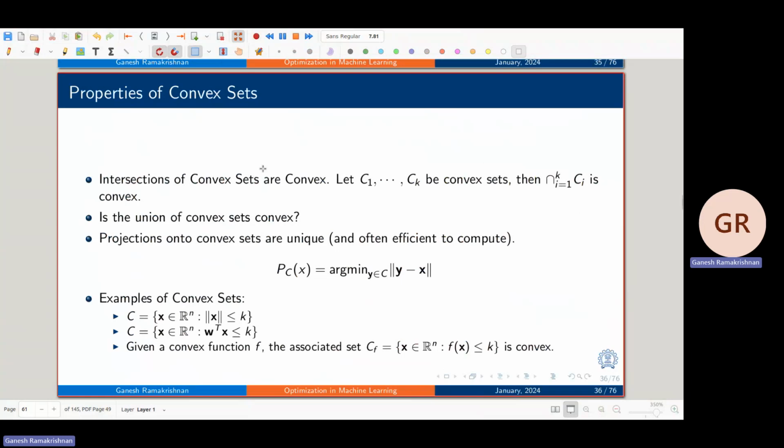Then projections. I talked about projections when we did low rank matrix factorization, non-negative matrix factorization. You recall?